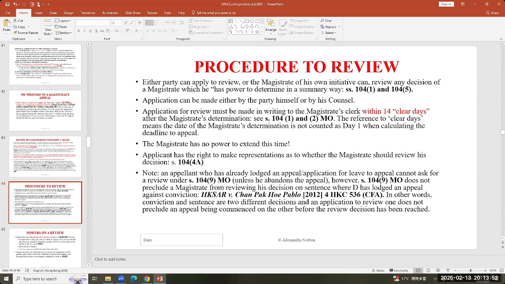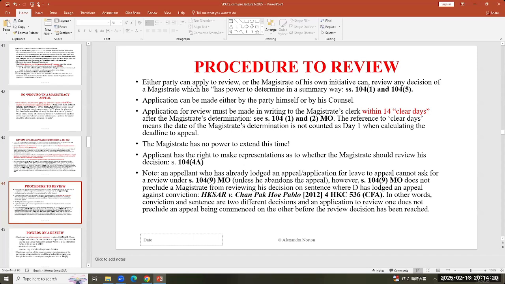So you can review first and then still have the 14 days to appeal from that review decision. So essentially you're getting 2 opportunities there, right? One to go back before the magistrate, and if he doesn't agree, you can still appeal to the CFI judge, but you can't appeal first and then review. It doesn't work the other way around.